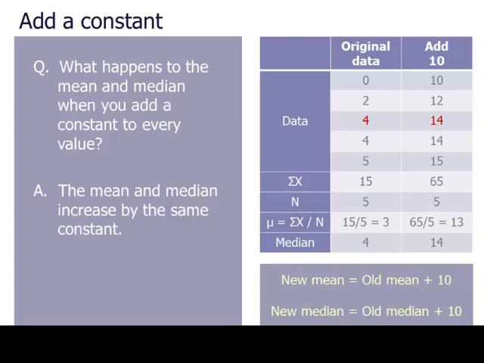And the new median is 14, which is equal to the old median 4 plus the constant 10. This example illustrates the following rule. When you add a constant to all of the values in a data set, you also add that constant to the mean and median of that data set.